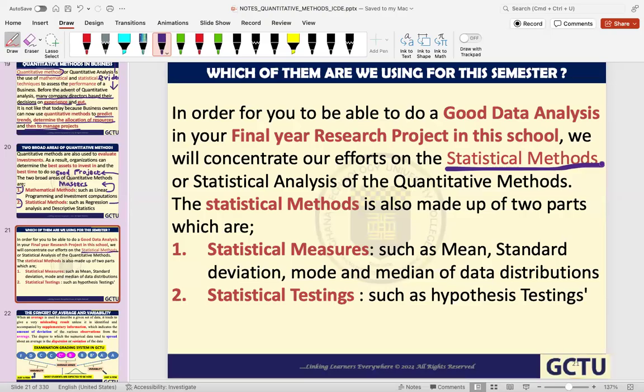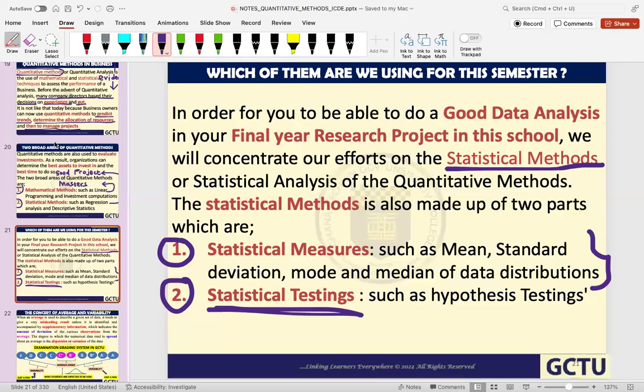Now, within these statistical methods, also, we have another branch called the statistical measures and the statistical testings. So I'm going to give you a recap of the statistical measures, and then we'll take almost 80% of the semester to do the statistical testings, which you will need in your project work.